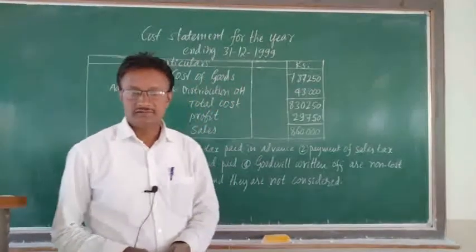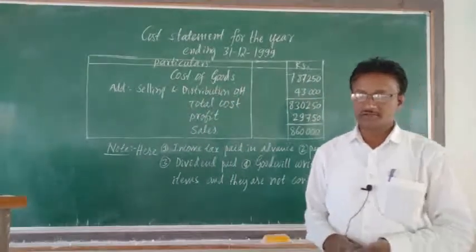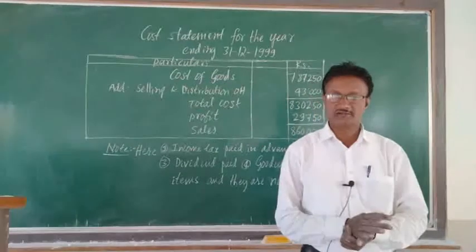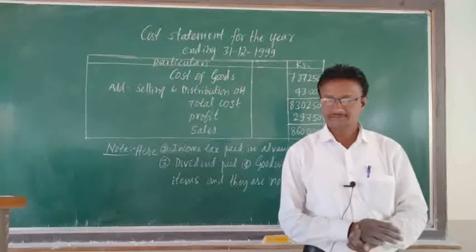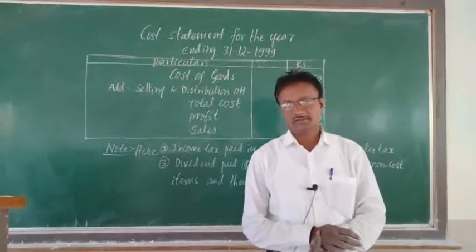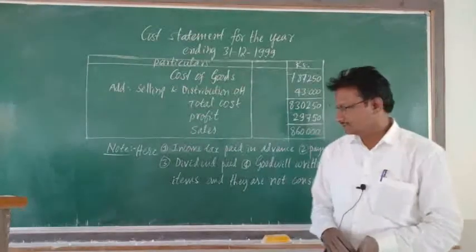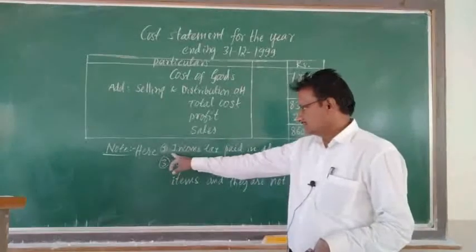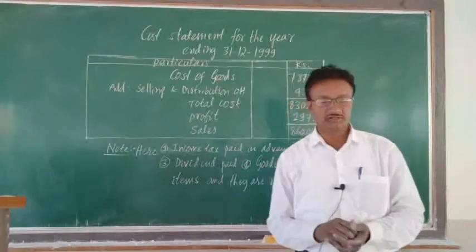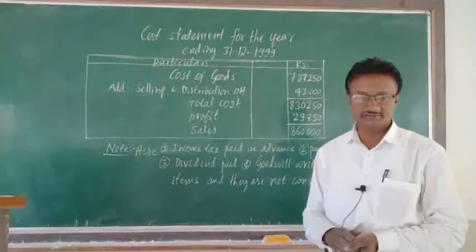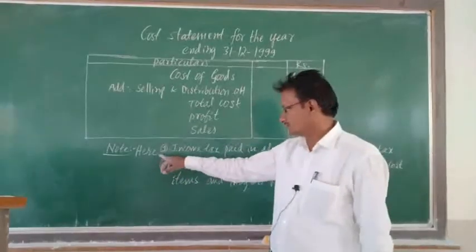And there are 4 items given in the problem. We have excluded those items while preparing cost sheet because they are non-cost items, and those items given in the problem are income tax paid. So write note at the end of the cost sheet. We have to write note for that purpose because these are non-cost items. So write note here.